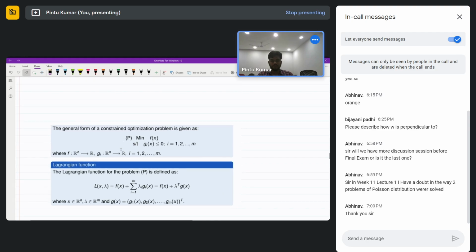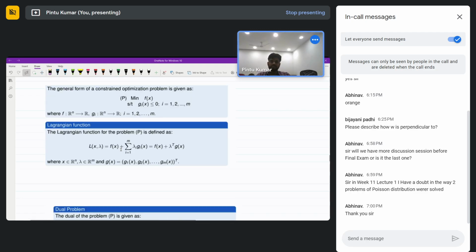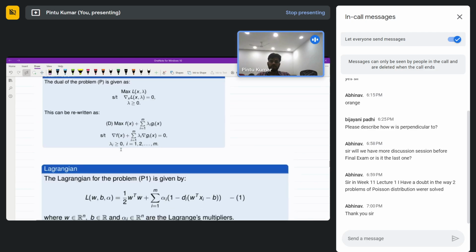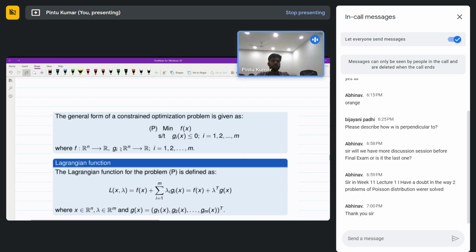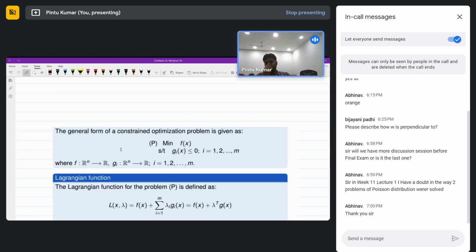So now let's look at how we obtain the dual form of any optimization problem that we are given. Let's say this is your primal problem. This I have taken directly from the lecture. So the problem is something like minimize f of x.